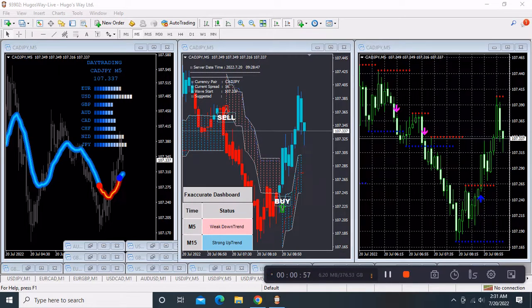Starting over to my far left, this is an indicator that shows the trend line. So number one, with TradingView, I don't have to go back and squeeze everything to see the current trend line because it is doing it. It shows in blue when it's an uptrend line and in red when it goes down.